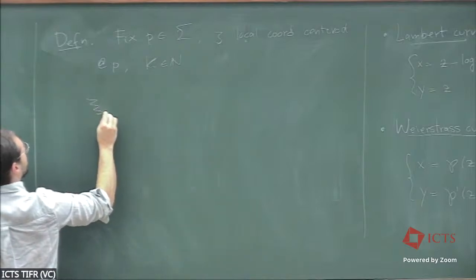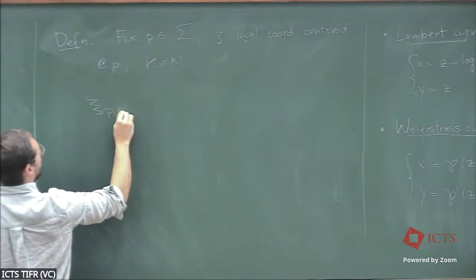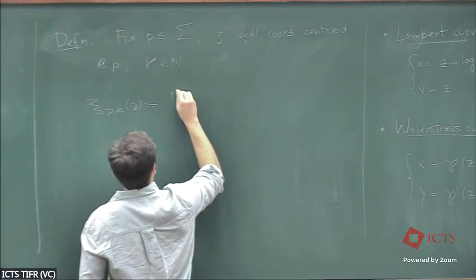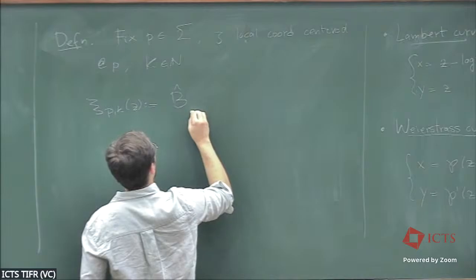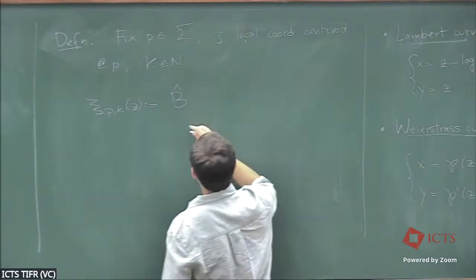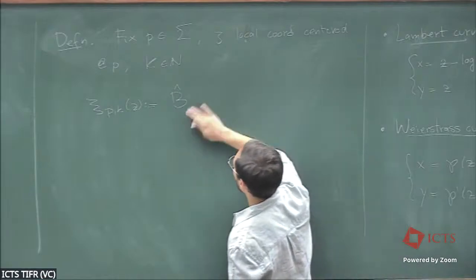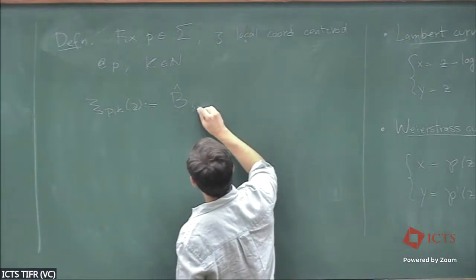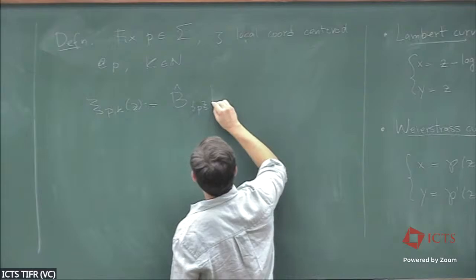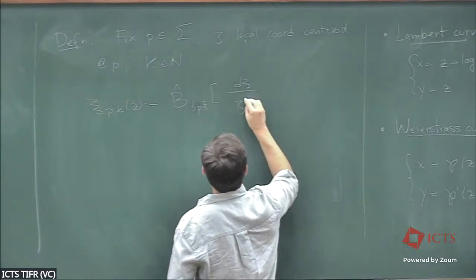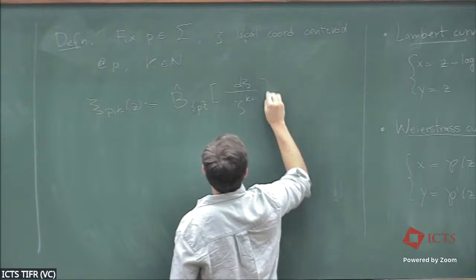Define psi_{P,k} to be the differential that you obtain by globalizing something local: I take B hat with respect to the set that contains only P, and I globalize the differential d zeta over zeta to the k plus 1.